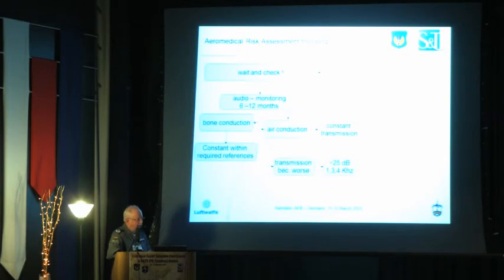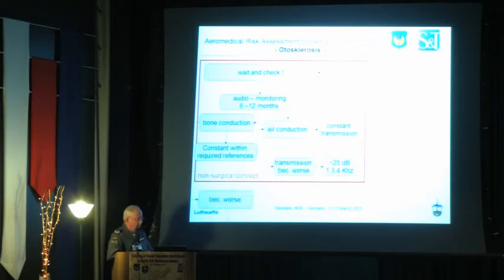And our decision making is like that. As you can see in this example, wait and check first with normal audio monitoring. And then we check the bone conduction, and when the bone conduction remains stable, it's okay. And when air conduction is also stable within certain limits, below 25 dB, at the most important frequencies 1, 3, and 4 kilohertz, we can keep the non-surgical concept.